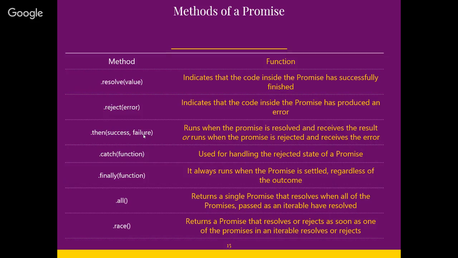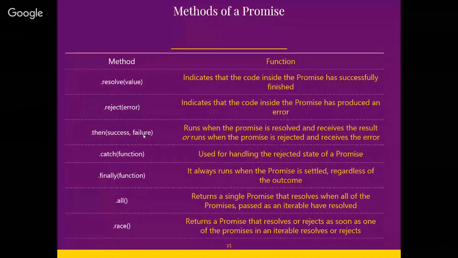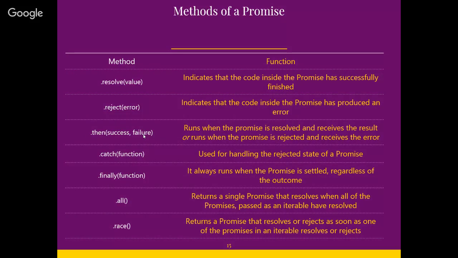It can be either fulfilled or rejected, and the callback inside of the finally method is always run. So whatever the outcome of the promise is, whether it completes successfully or has failed for some reason, the function that we pass inside of the finally method will always run. Here we are not interested in the outcome of the promise. We just specify what will happen when the promise has stopped executing.